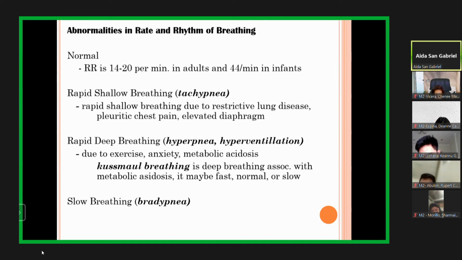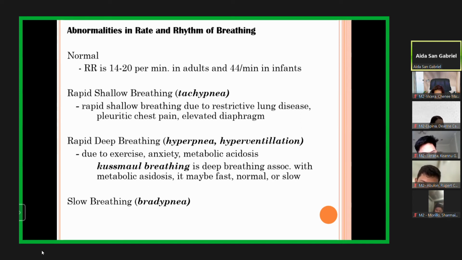And then you have the so-called Kussmaul's breathing, which is deep breathing associated with metabolic acidosis. It may be fast, normal, or slow. Your patients who are diabetic, which may show metabolic acidosis, the breathing there is so-called Kussmaul breathing.